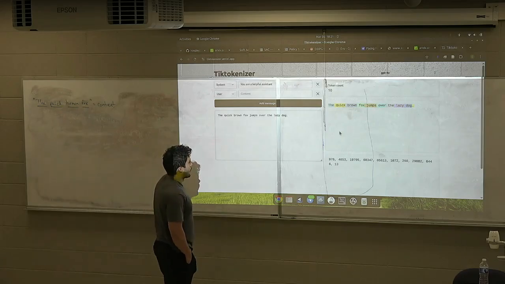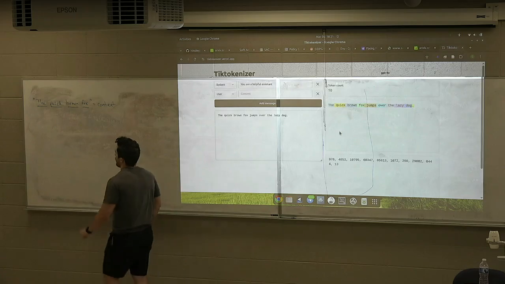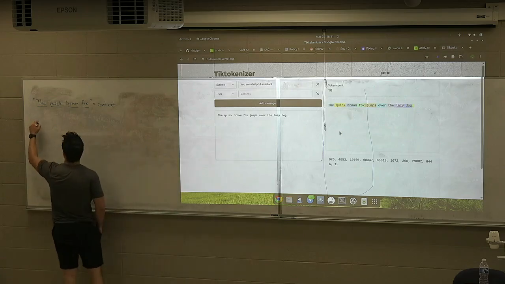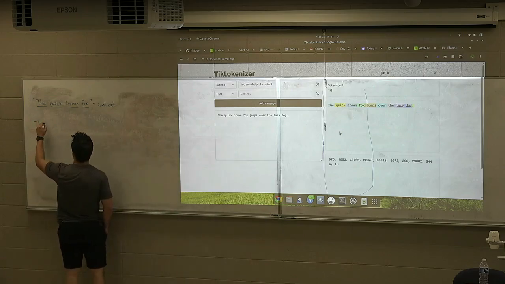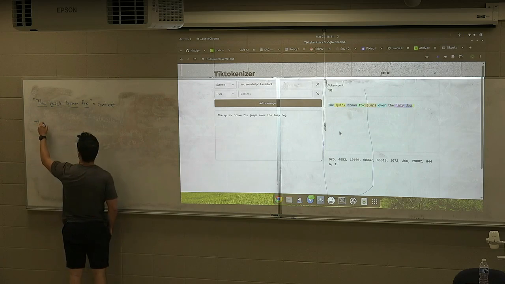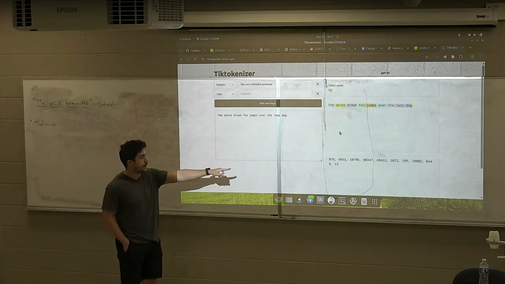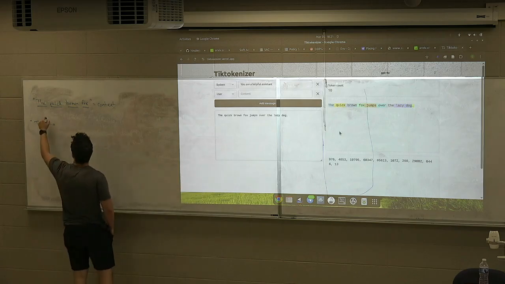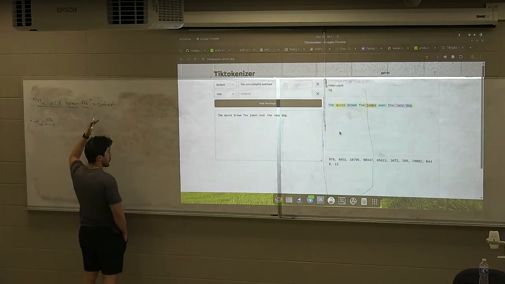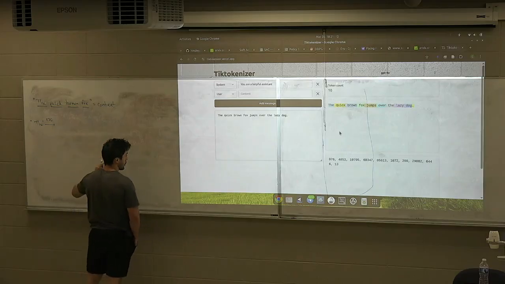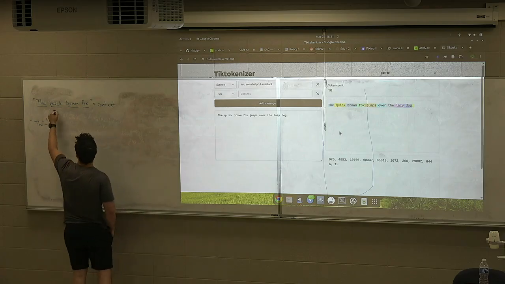So how do you actually do that? Well, each of the tokens gets encoded as what we call a one-hot encoding vector. So this word gets encoded as 976, the index of the token. You have to have a number for every possible token that you want to represent. So you'll come up with a vector that's zeros.